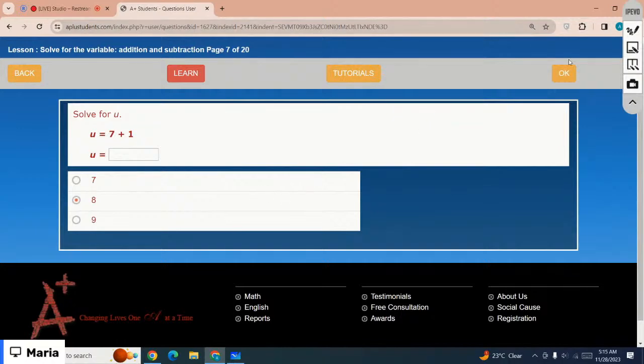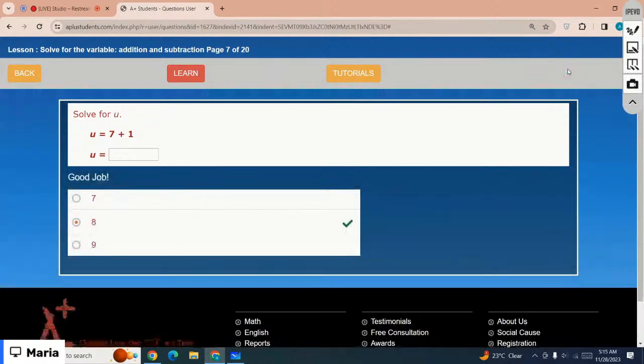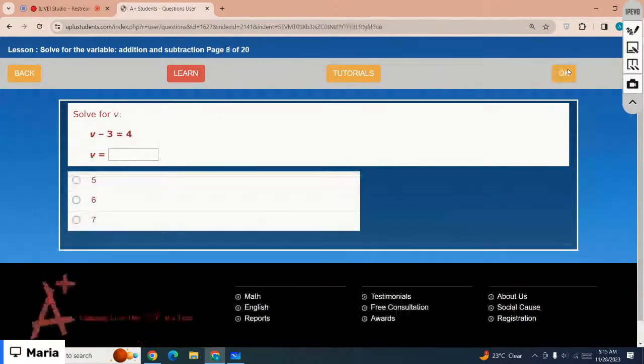The correct option is 8. v minus 3 equals 4, which is the correct option.